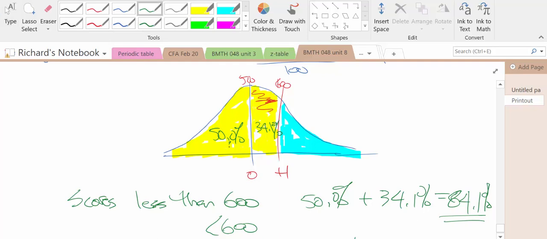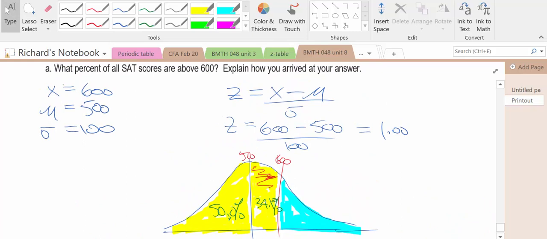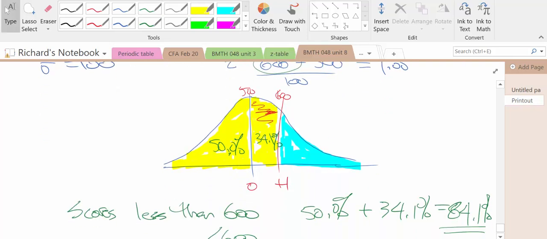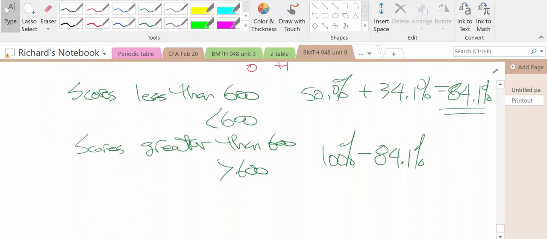You've got all 50% below the mean, and the values between the mean and a standard deviation of +1. Why +1? Because when I calculated a Z-score, I came up with a Z-score of 1 for the value 600. So 100% minus 84.1% will be equal to the number of SAT scores greater than 600. Well, that's 15.9%.